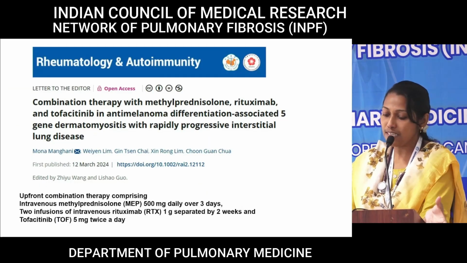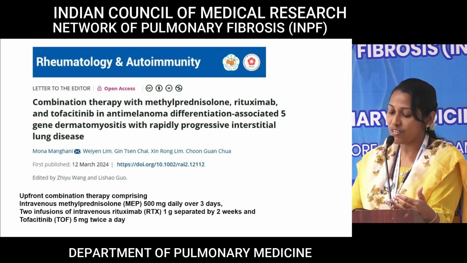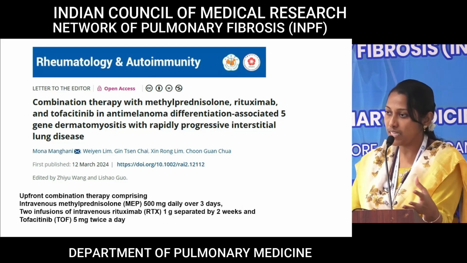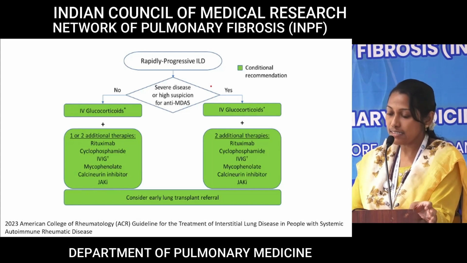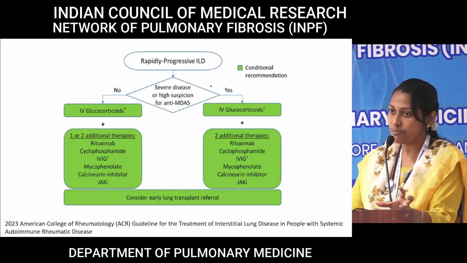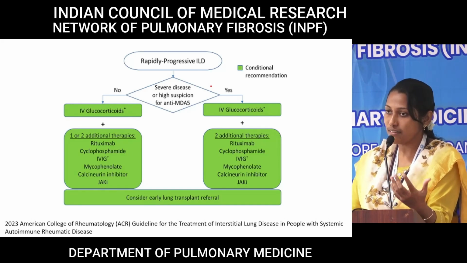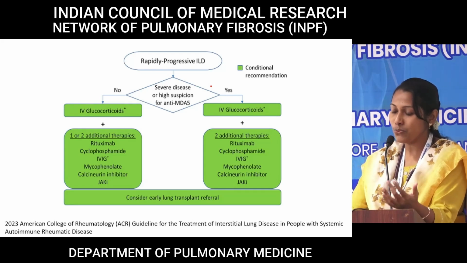Many studies have shown that upfront combination therapy with steroids for 3 days, followed by rituximab and tofacitinib, has been successful. The ACR guidelines have also addressed rapidly progressive ILD. As in that patient, IV pulse steroids are very important, followed by 1 or 2 additional therapies.